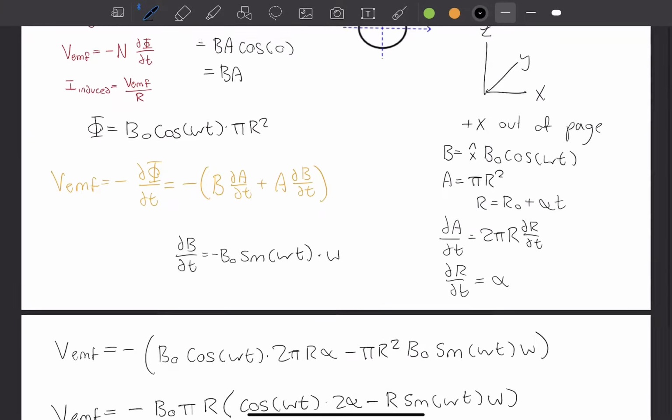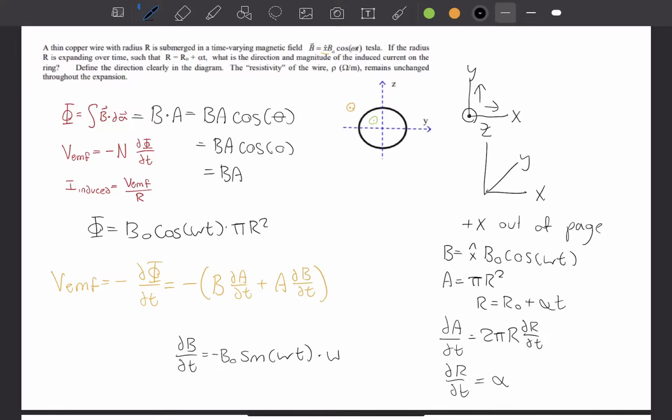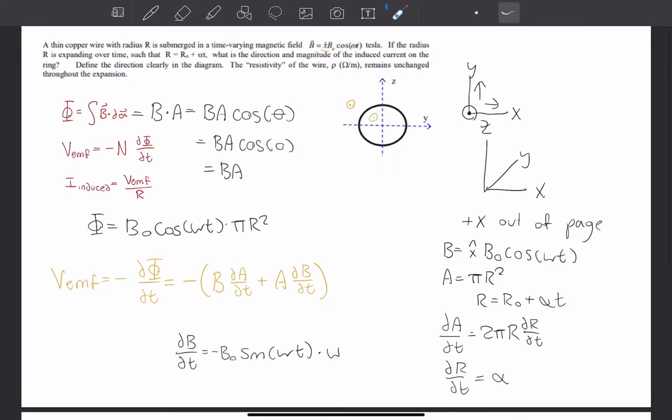So now we can calculate our induced current. Now, our induced current says we need to divide our VEMF by the total resistance of the loop. Now the loop, how do we calculate this? We calculate this by multiplying the resistivity of the wire times the entire length of our loop.